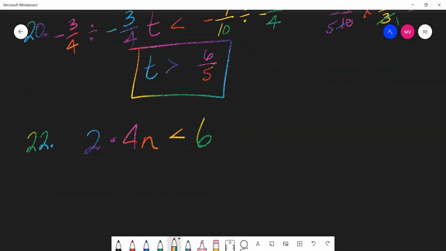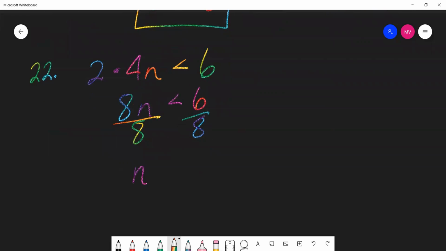That's a multiplication. So what's 2 times 4? So we have 8n, and then we divide by 8. You should use the Andrew strategy.